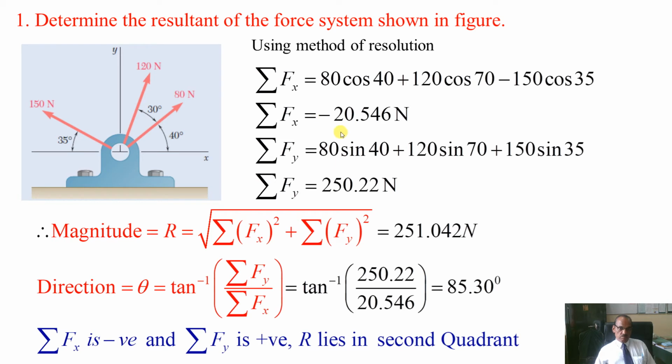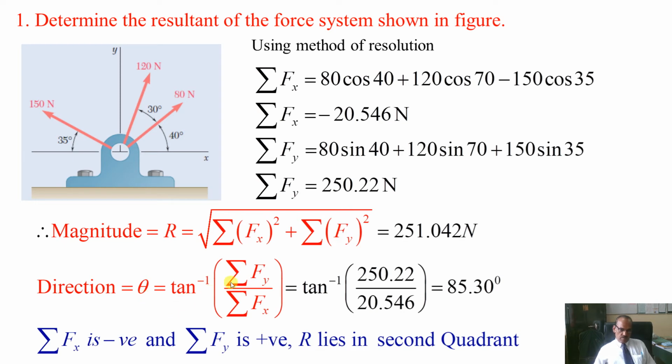Hence Fx will be minus 20.546 Newton. And for Fy, the vertical component 80 sin 40 is acting upwards, then 120 sin 70 acting upwards, and for this last force, the horizontal component is like this and the vertical component will be acting vertically upward, and that's why it is positive 150 sin 35. So Fy will be 250.22 Newton, and hence the magnitude of R will be the square root of Fx squared plus Fy squared, which gives the resultant 251.042 Newton.